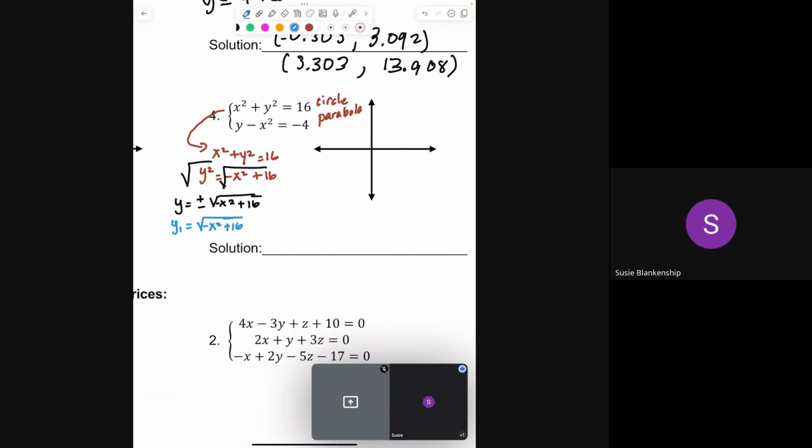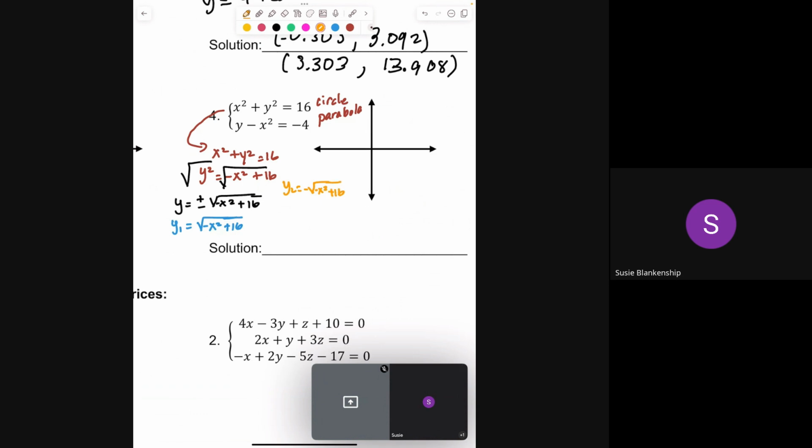So y2 is going to be the negative of what's up here. So y2 equals negative the square root of negative x squared plus 16.